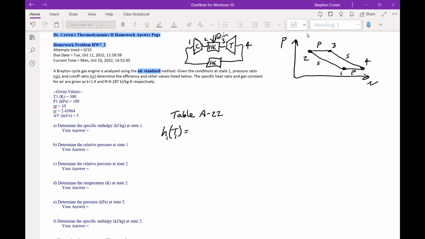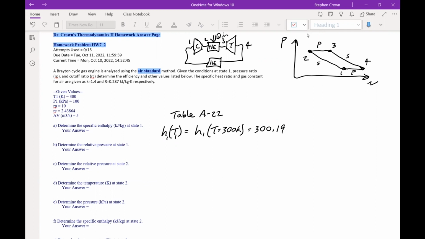And I look up 300 K, which is my temperature. So h1 at T equals 300 K, I go over to the column that has enthalpy, which is the first column right after temperature, and I get a value of 300.19.